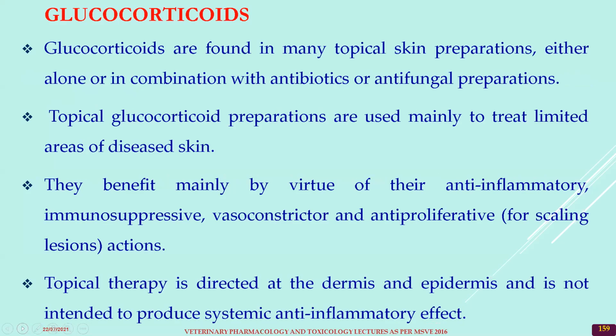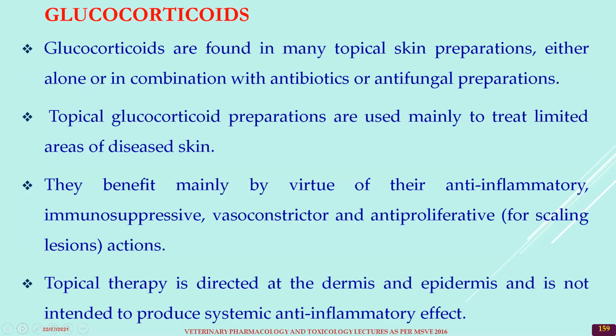And glucocorticoids, yes, many of the ointments nowadays do contain glucocorticoids, especially in topical skin preparations, either alone or in combination with some antibiotics like neomycin and antifungal agents like ketoconazole and miconazole, etc. Then topical glucocorticoid preparations are used mainly to treat limited areas of diseased skin.